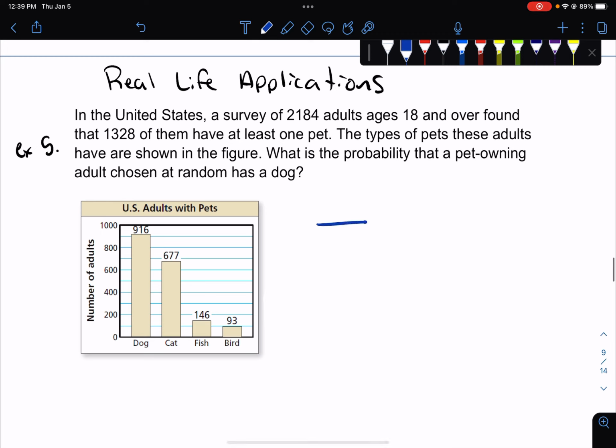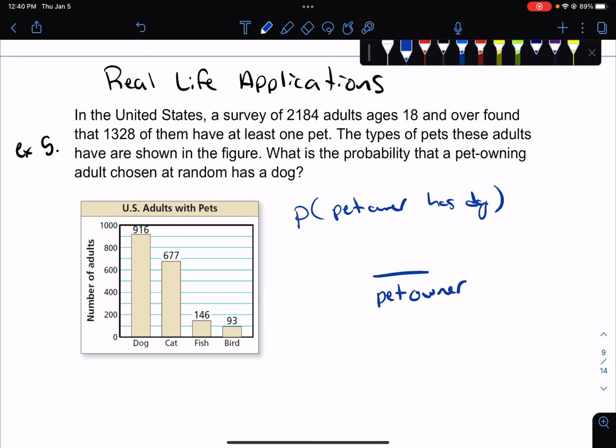So we are looking for the probability that a pet owner has a dog. We're not looking for the probability of a pet owner. We already know that it's a pet owner. So on the bottom is going to be my total number of pet owners. On top is going to be the number that have a dog. That's what's going to go on top.